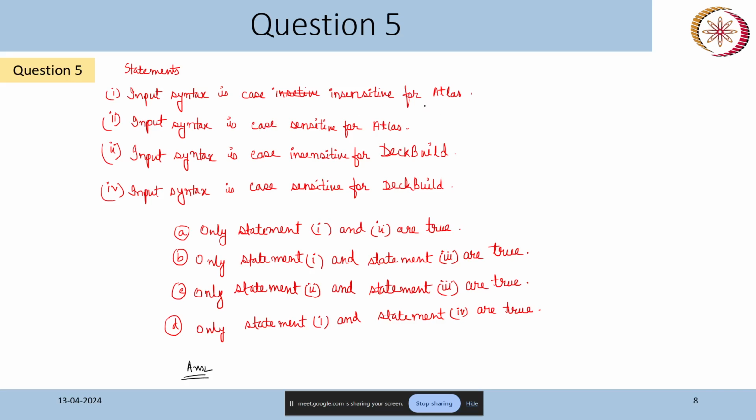In Atlas, whatever you write is case insensitive, whereas in the GUI tool, the input syntax is case sensitive, so the correct option is D. Okay, you have to be careful while using these softwares, and how you write the input syntax.